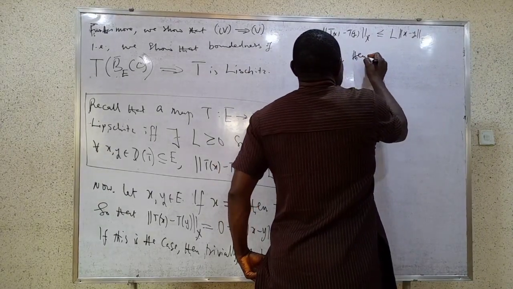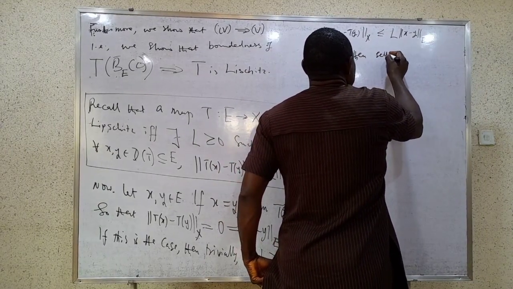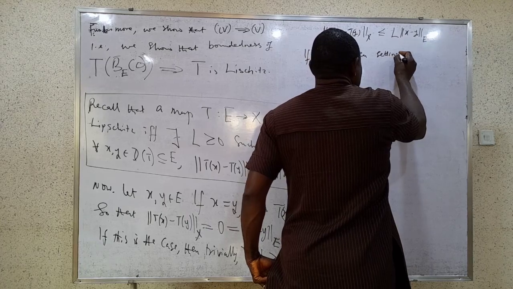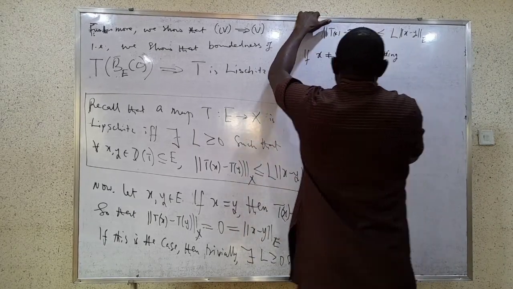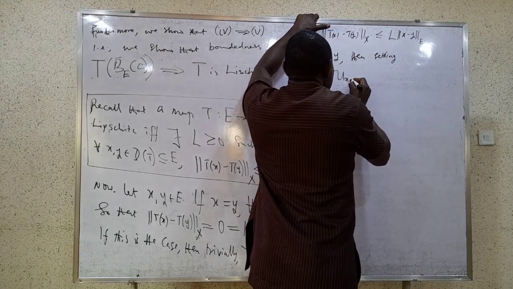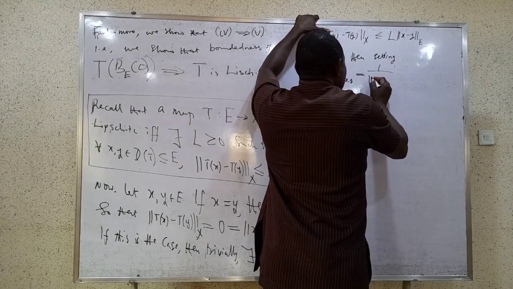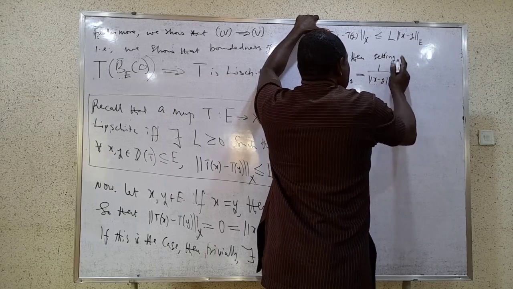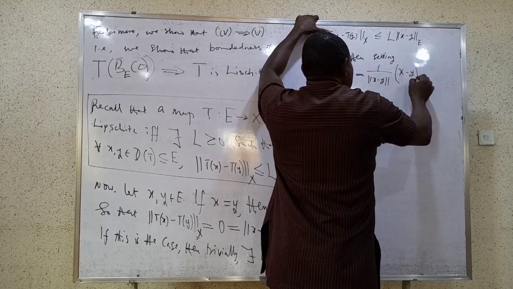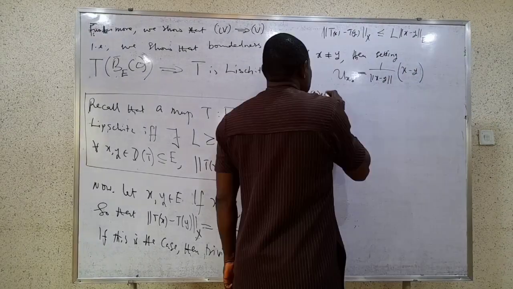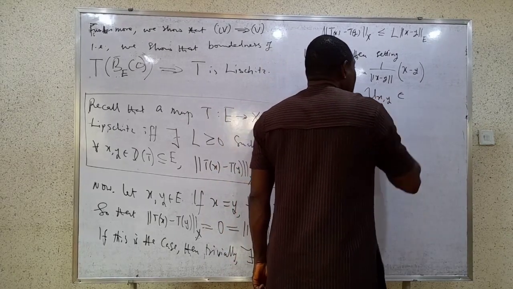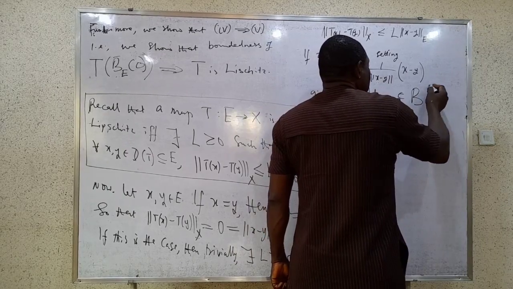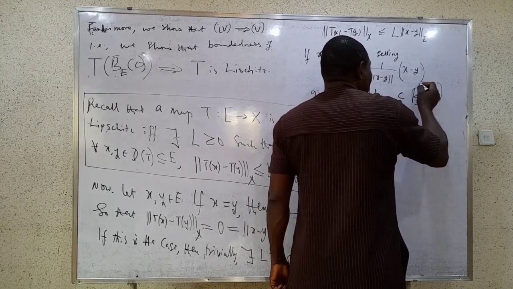Then setting u_{x,y} equals 1 over norm of x minus y, times x minus y. I can do this, so that u_{x,y} belongs to the ball B(0,1) centered at 0 with radius 1.